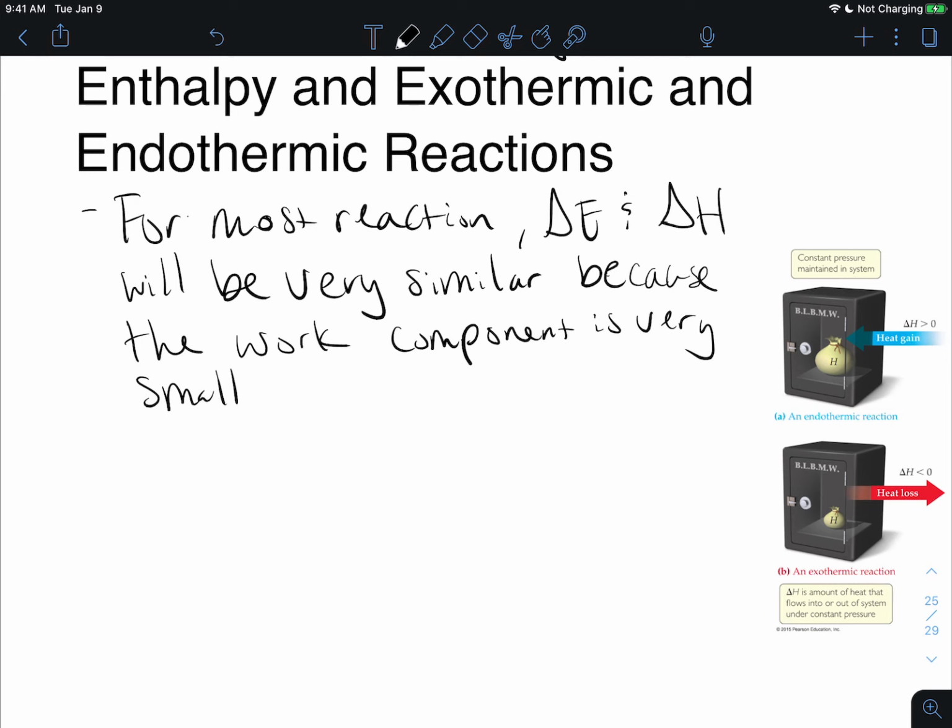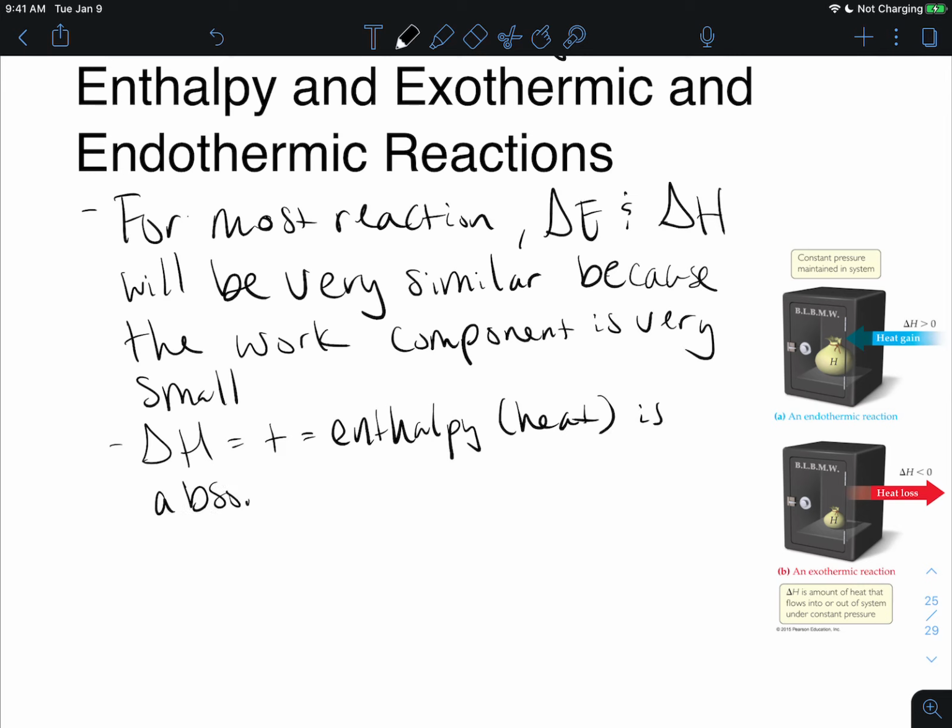Okay. Another note, if we have a delta H that is positive, this means enthalpy or heat is absorbed by the system. And we call this an endothermic process.